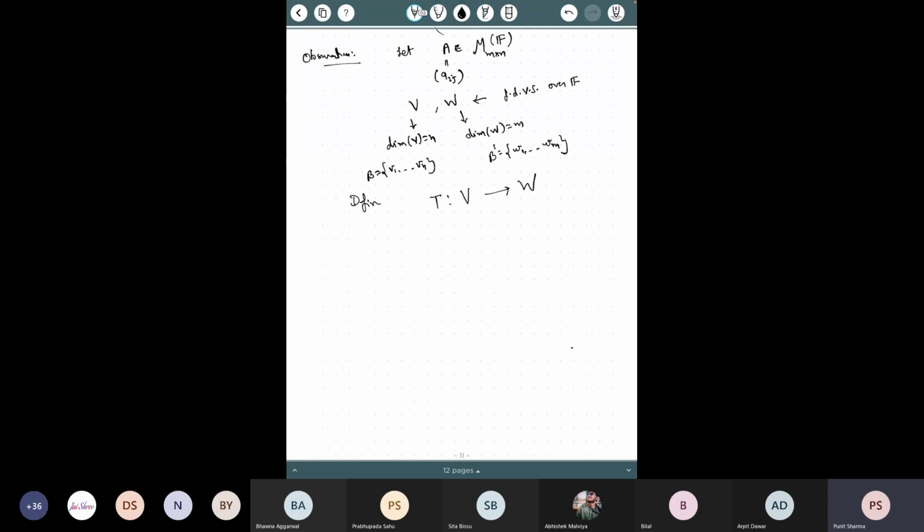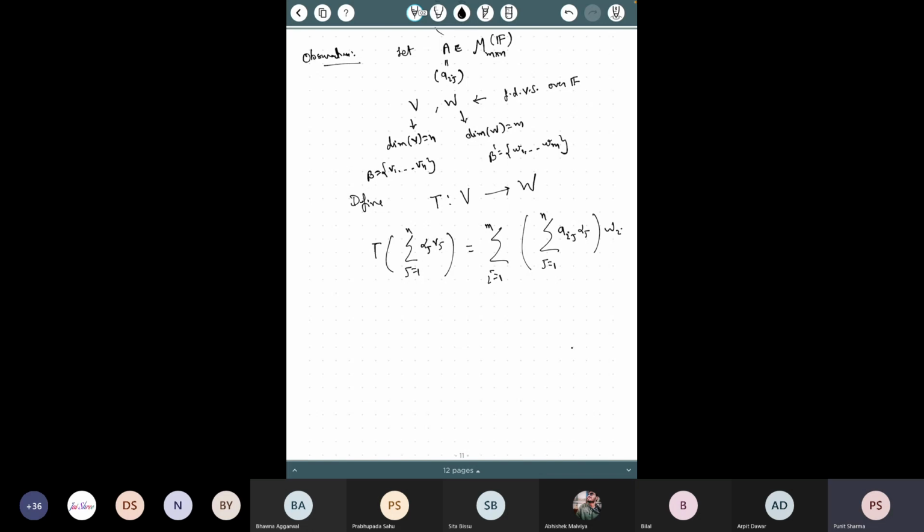Define T from V to W such that you take any vector v, which you can write as the sum of alpha j vj, and then you send it to the sum over i equal to 1 to m, j equal to 1 to n, of aij alpha j wi.